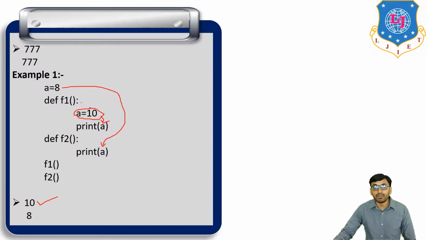So print a means the global value of a is transferred here. So a is equal to 8. And at last we call functions f1 and f2. So if a local variable is provided, then that value is printed in that function, otherwise the global variable is printed.